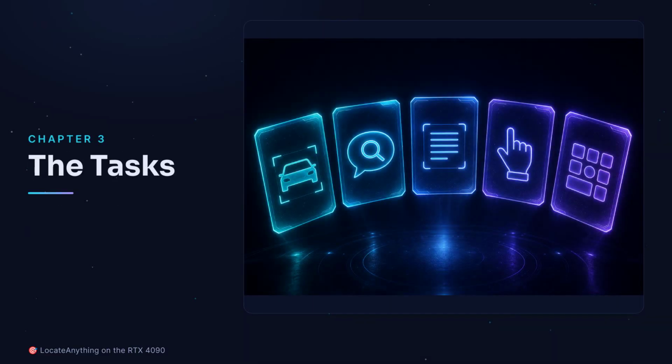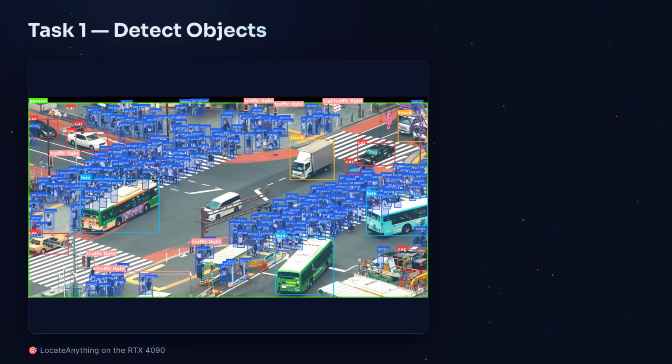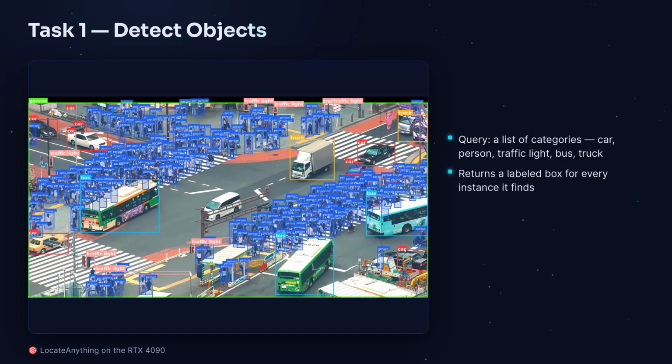Chapter 3. The tasks. This is where a generalist model earns its name. Same weights, same prompt format, 5 very different jobs. Let's see real outputs from our own machine. Task 1. Object detection. You hand the model a list of categories: car, person, traffic light, bus, truck, and it returns a labeled box for every single instance it can find.